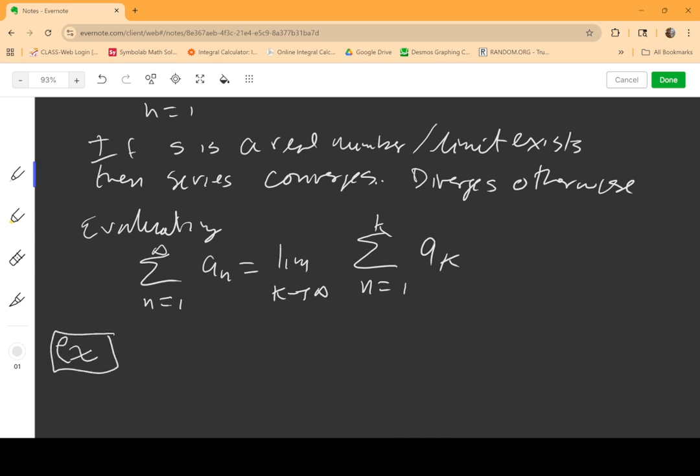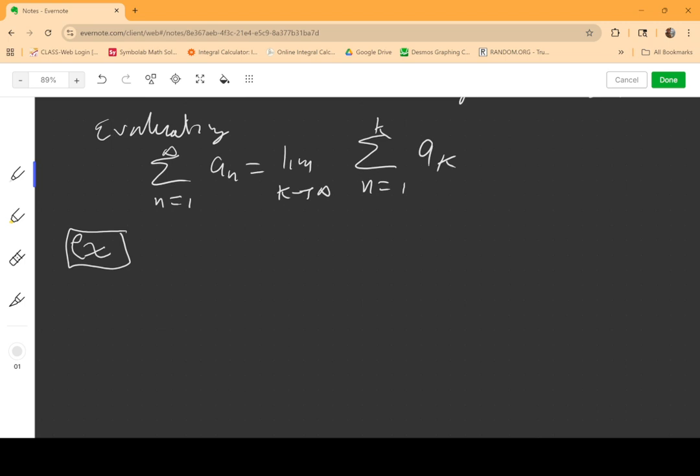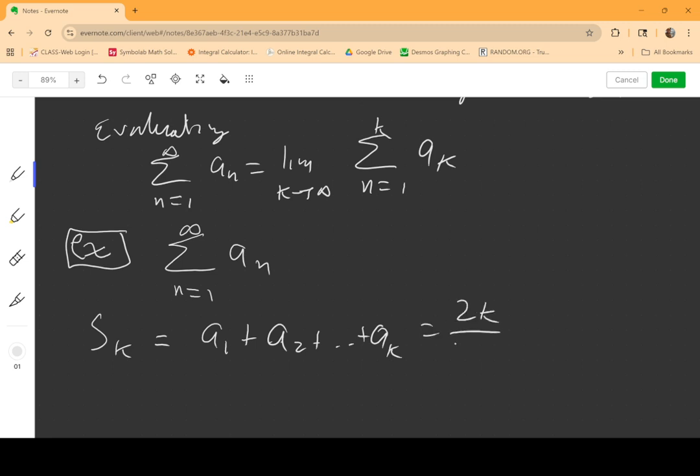But let's say for our example here, we have the sum from n equals 1 to infinity of a sub n, and I know that the formula for the kth partial sum, a1 plus a2 all the way to ak, is given by 2k over 3k plus 5.